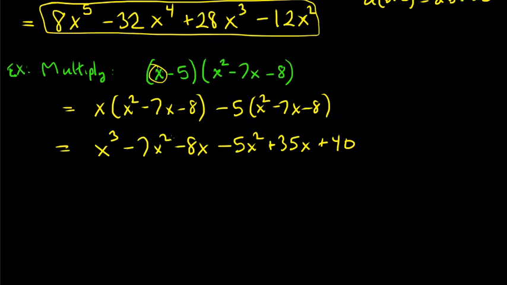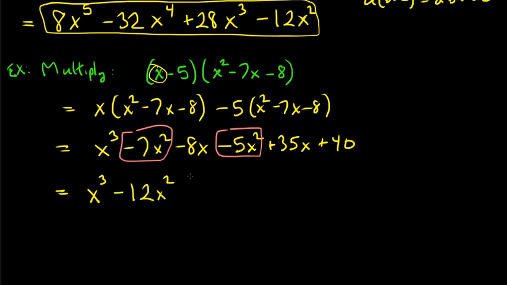Right? We're not done because we have like terms. We have negative 7x squared, negative 5x squared, right? So the x cubed is the only degree 3 term. So negative 7x squared minus 5x squared is negative 12x squared, right? And then we have negative 8x plus 35x.